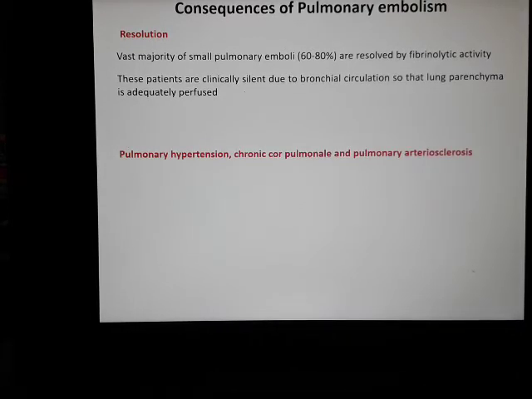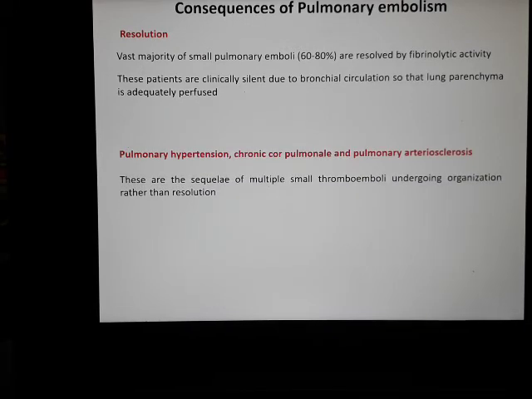Then this is the last consequence, that is pulmonary hypertension, chronic cor pulmonale, and pulmonary arteriosclerosis. This happens when the thromboemboli undergo organization. It is a common sequela. These are the chronic sequelae of multiple small thromboemboli. If they are not resolved, they will undergo organization.